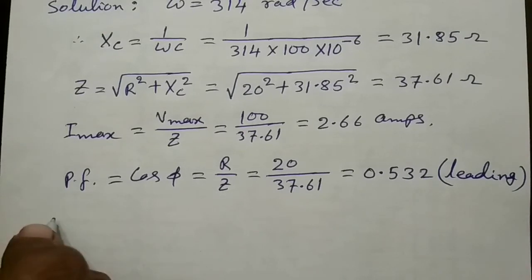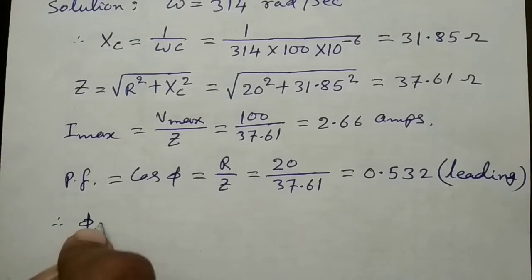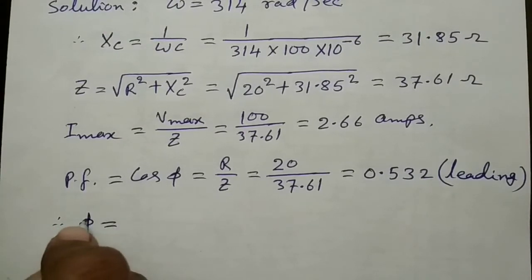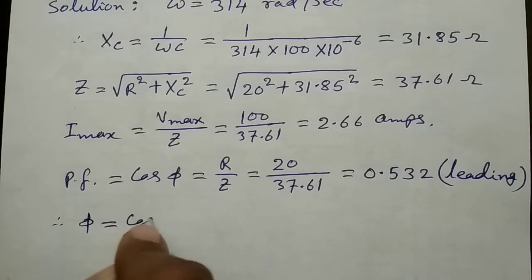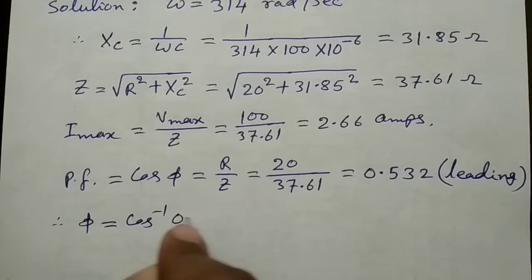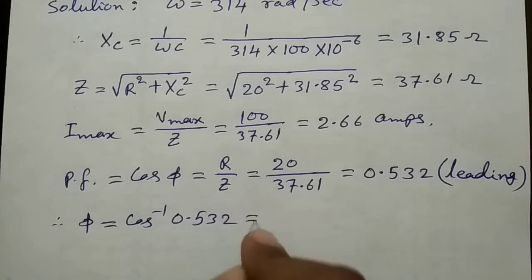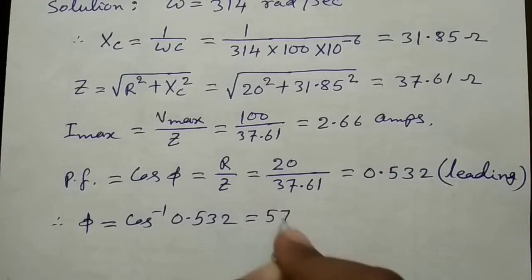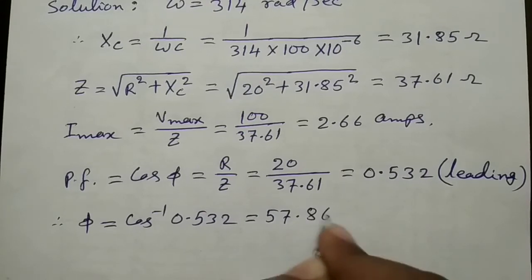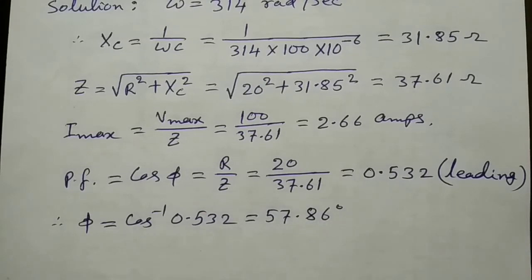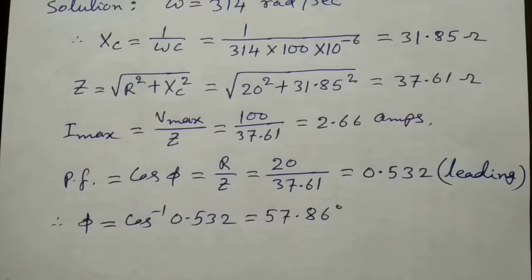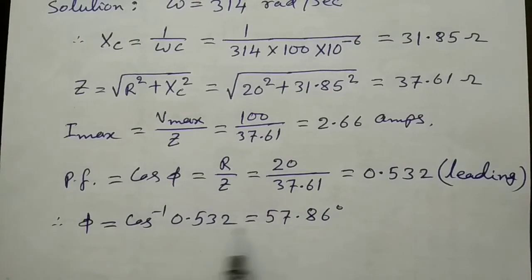From there, now we can find the phase angle. That will be cos inverse 0.532. So here the angle will be 57.86 degree. Remember one thing, the phase angle means the angle between voltage and current.